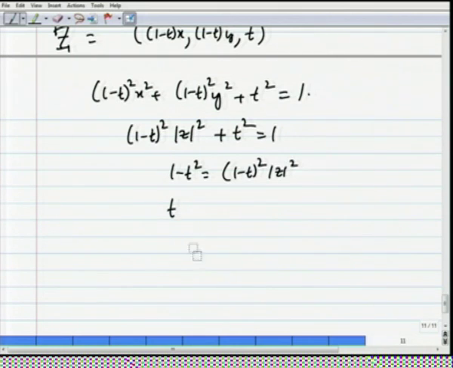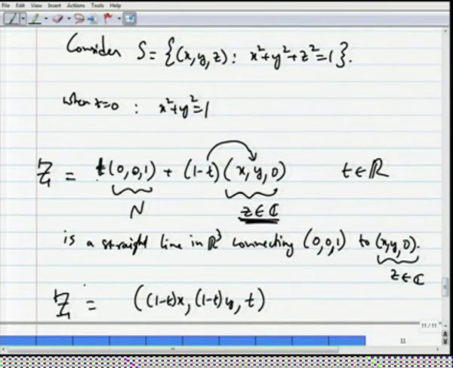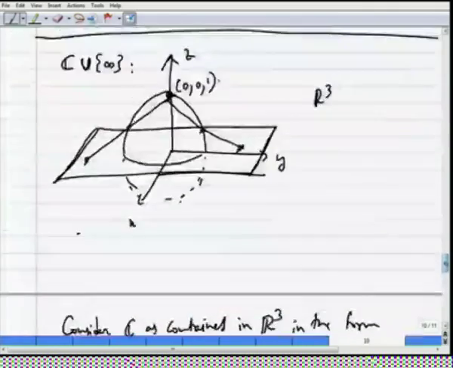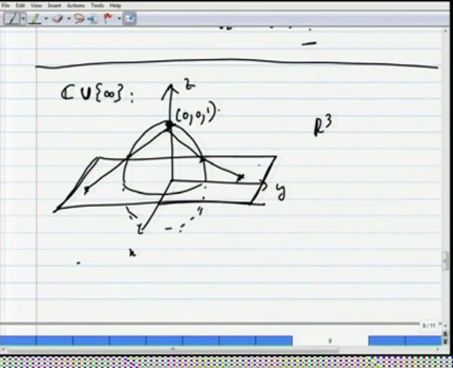Well, notice that t does not equal 1, because when you substitute t equals 1 in here, you get (0, 0, 1). So, there is no complex number which intersects this sphere in this point (0, 0, 1) itself.